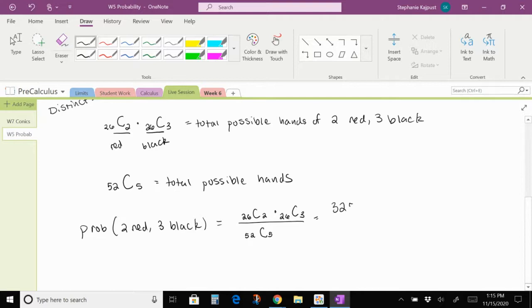We have 325 there, 2,600, 2,598,960. If I just multiply on the top, 845,000. We've got almost 2 million possibilities, over 2 million.